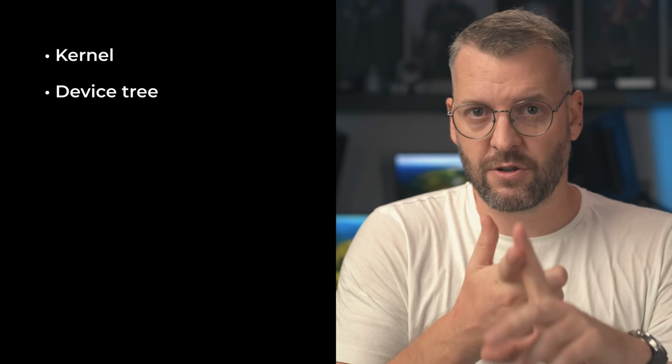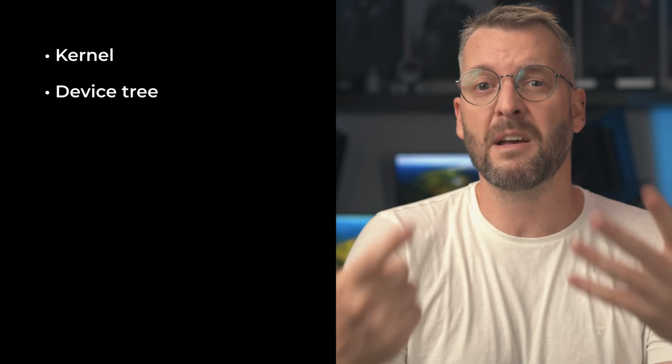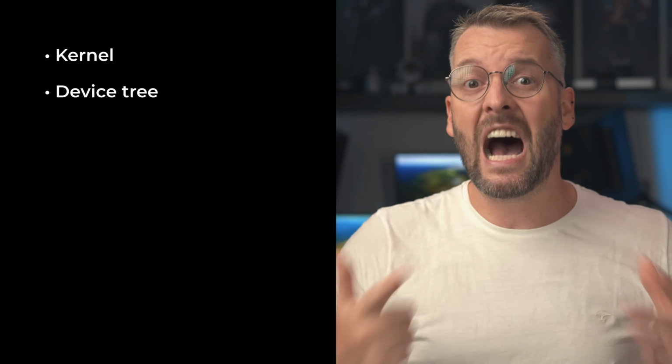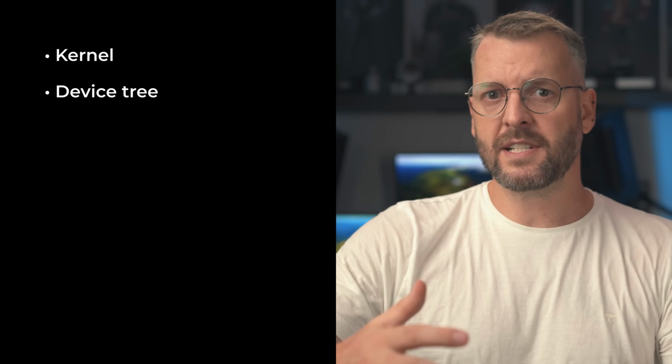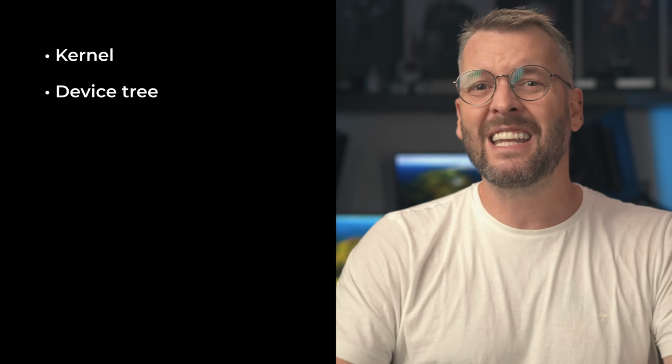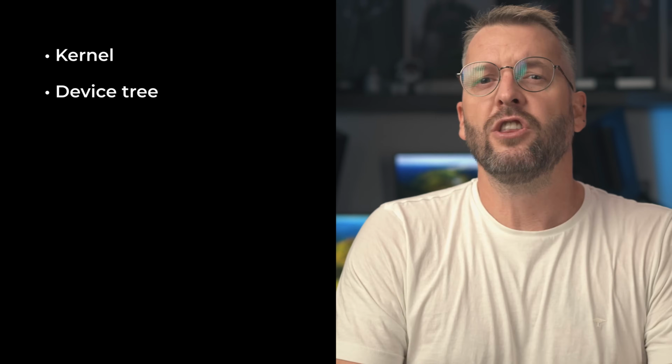But before we get there, let's actually discuss the 3 mandatory components to run an embedded Linux system and one optional one. First, since we already spoke about it, we need a working kernel. Think of it as the brain of the system. Then we need a device tree, which in a nutshell is a very simple file that describes how all the components of the system are wired together, because unlike your regular PC, embedded devices for the most part don't have something called ACPI.